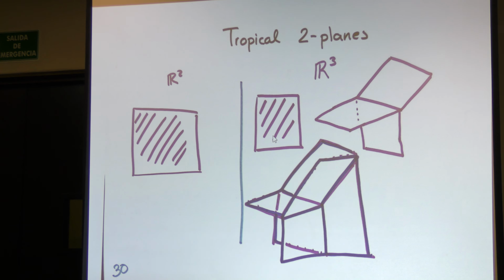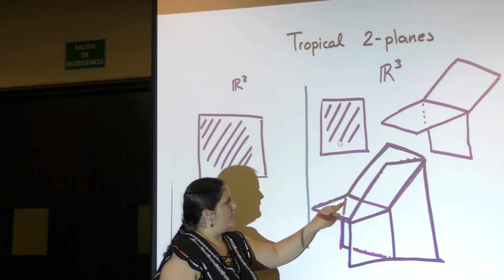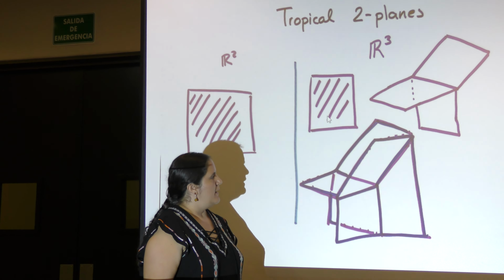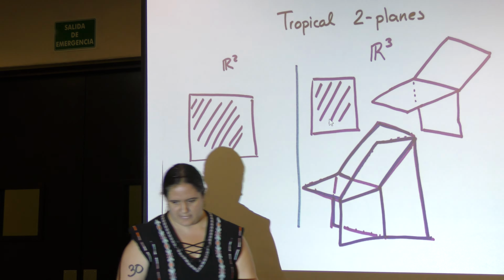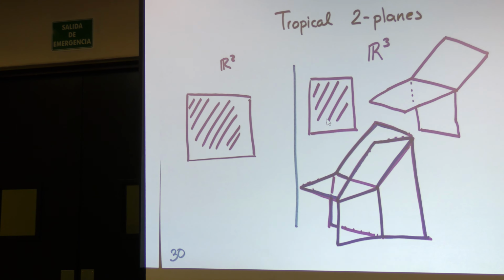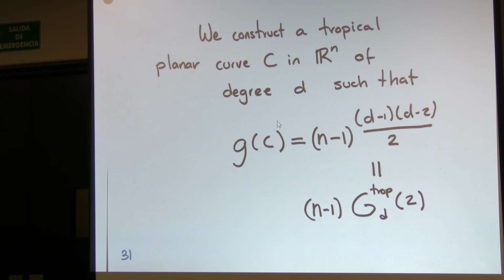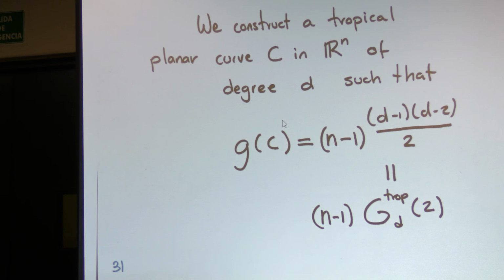And the curve I will construct later will leave one part in this cone and the other part in this one. That's why I wanted to show you this picture. And then our construction is a planar curve.